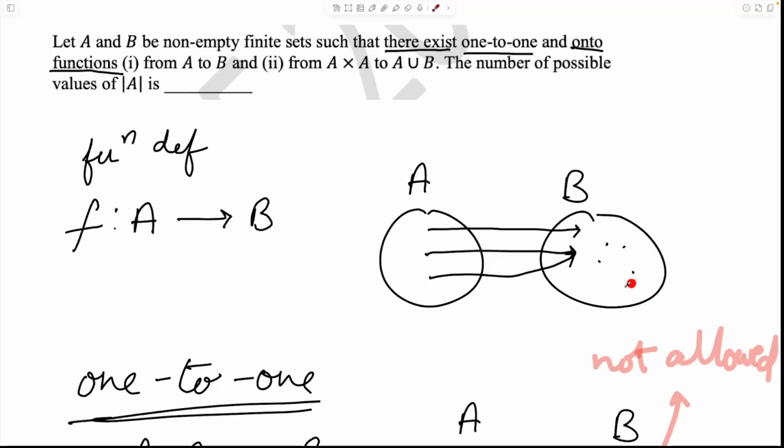There could be some elements in B that are not pointed to by the function from any element in A. That is also possible. So this is what a function is.